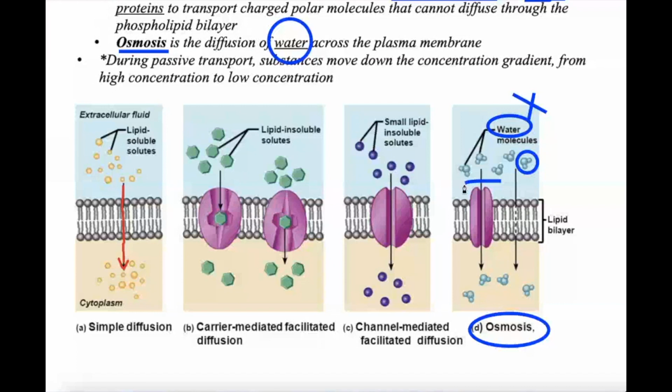They also need aquaporins, like the channels. They can move through slowly, or they cannot, like this arrow shows. But through aquaporins, yes. Over here it's simple, but they are using the help of the protein channels. So what is this? Channel mediated. They are taking carrier molecule support, so it's facilitated diffusion again, and this one is simple diffusion.